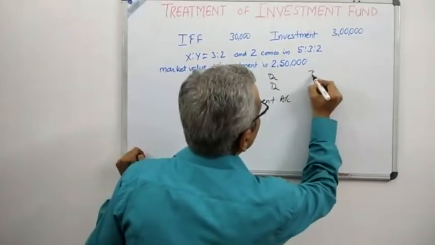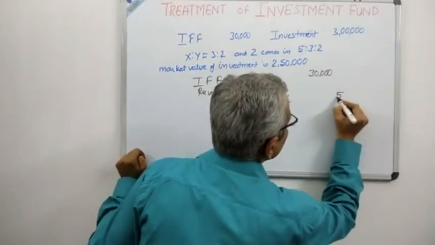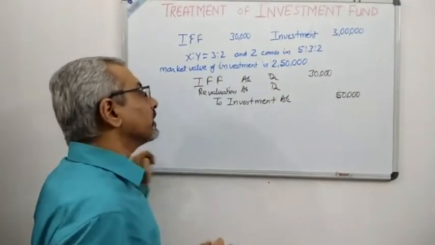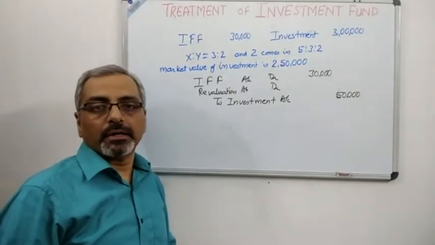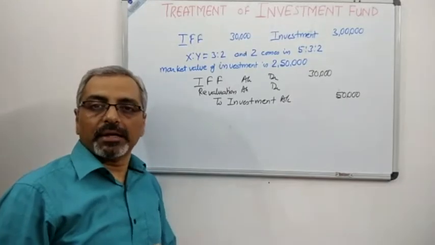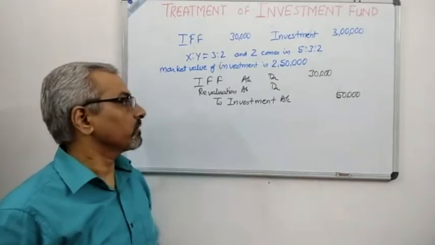The value of investment has gone down by 50,000. I hope you are understanding that whenever the value of investment is going down, we are writing it in the credit side, because the investment itself is a debit item, and if the value is falling, we are writing it in the credit side. So investment is 50,000.